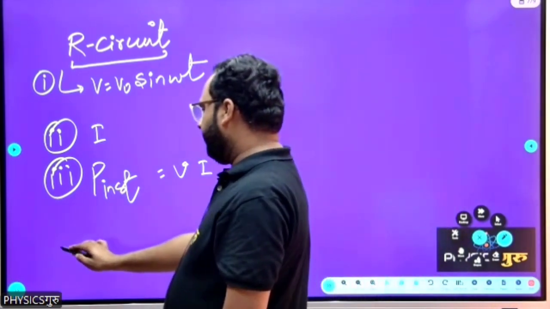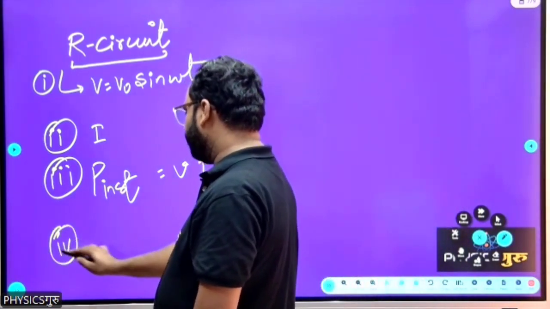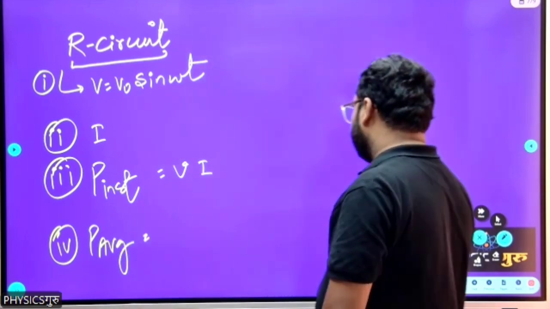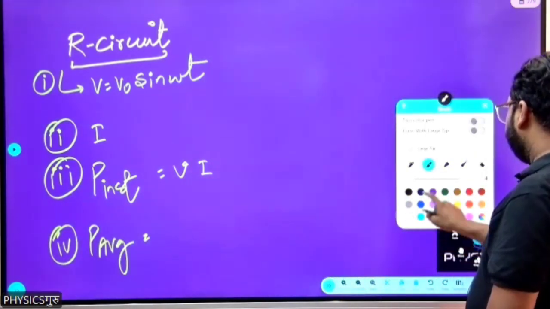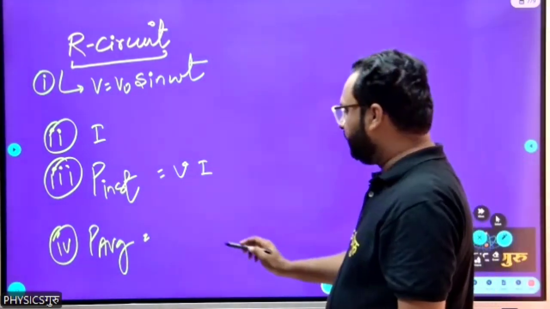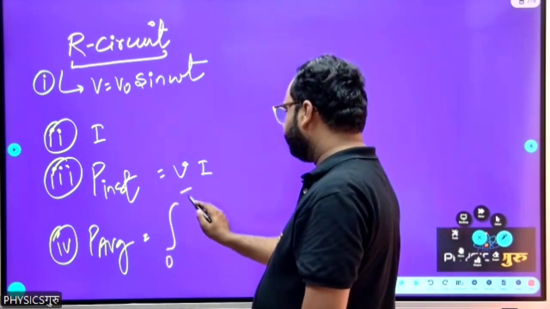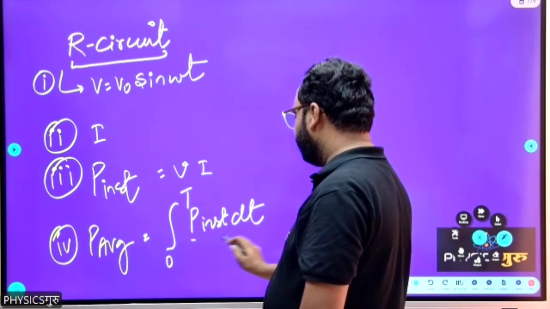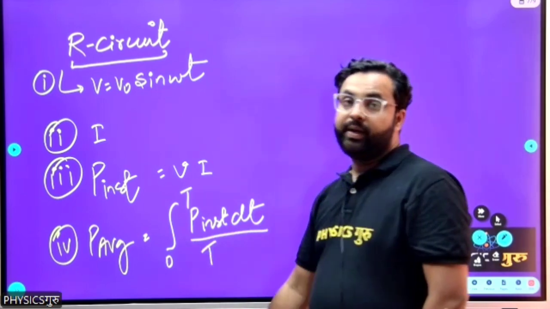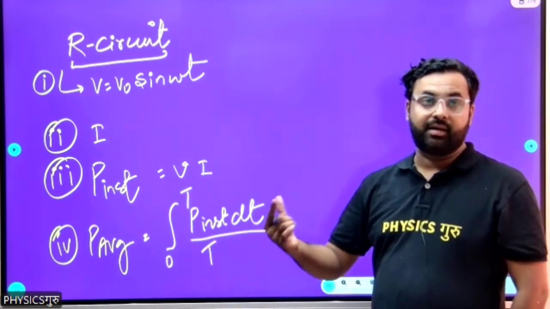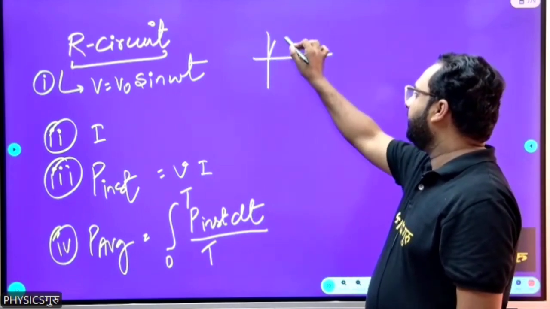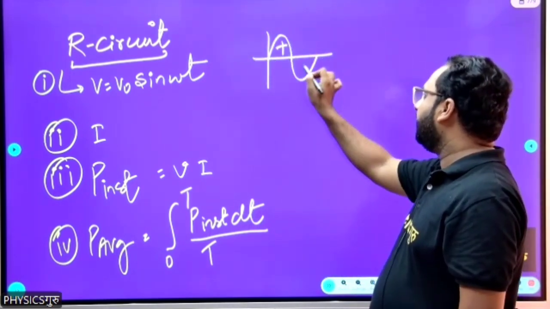Fourth step, we need to find average power. So learn this basic formula. Average power is the integral from 0 to T of P dt, P instantaneous dt, upon capital T. That means we are calculating average power for one complete AC cycle that consists of a positive half cycle and a negative half cycle.